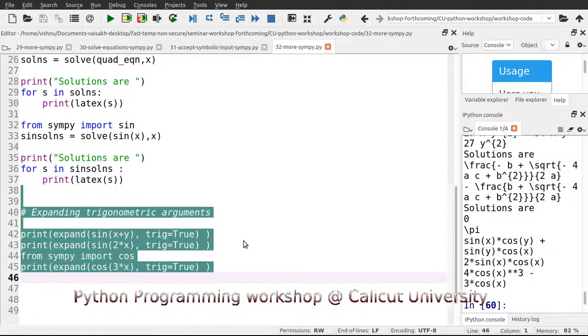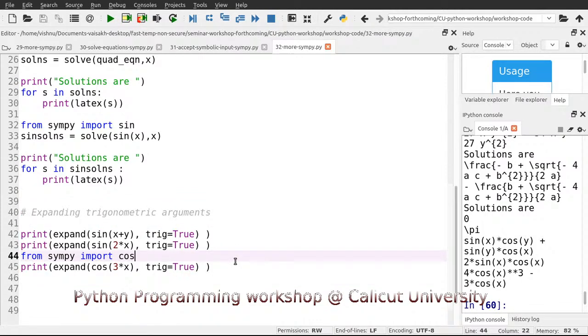Now, I think a few things were actually left out before going into the next thing that we have to discuss, which is something related to plotting. But before going into that plotting part, probably I should note that SciPy solving equations is already done. Working with expressions is already done. Some of the complex number related things were left out.